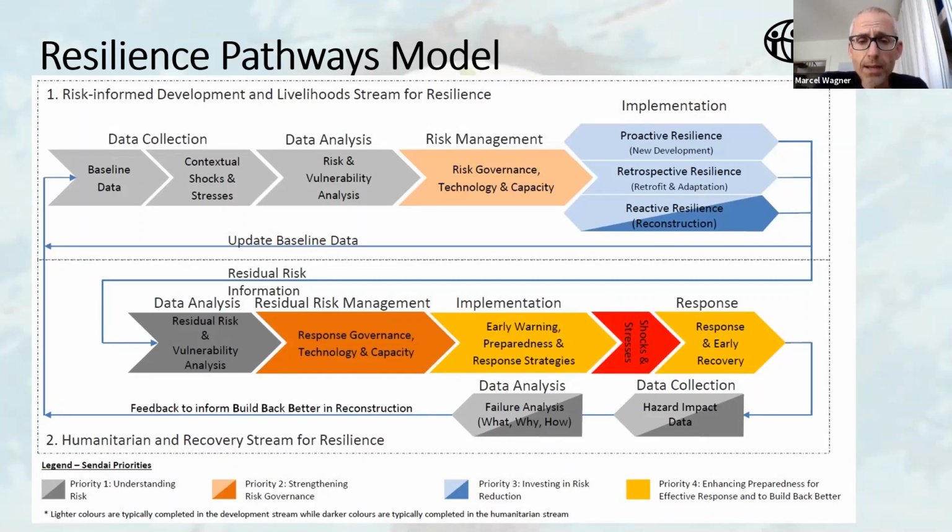Here you see mainly data collection and data analysis before you can really take care of risks, or risk governance takes place. And then implementation is mainly divided in 3 possible parts. This is a proactive, a retrospective, or a reactive resilience way of working.